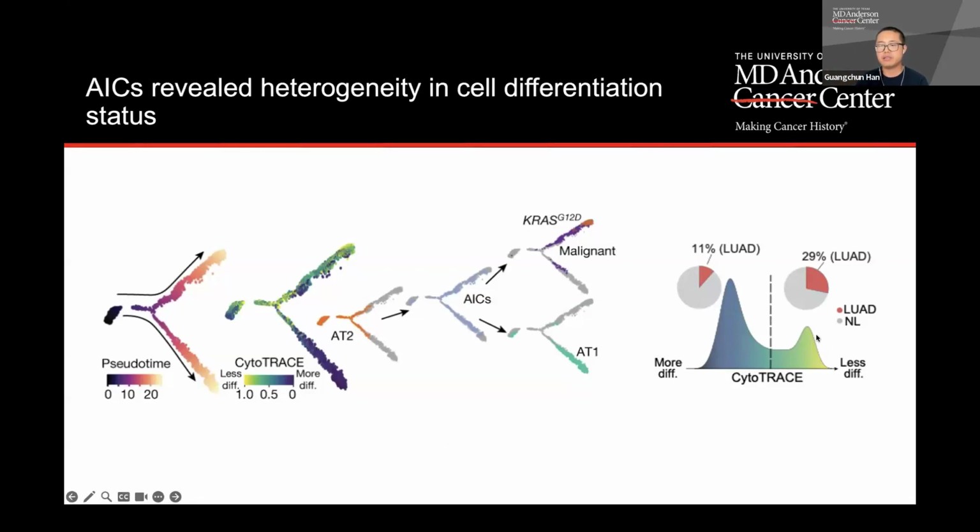There's one peak which is enriched in KRAS mutant samples, and another peak which is relatively depleted in them. And this AIC population enriched in the KRAS mutant samples shows a lower differentiation score, which makes sense, right? Because those cells are supposed to be more de-differentiated if they are the progenitors.